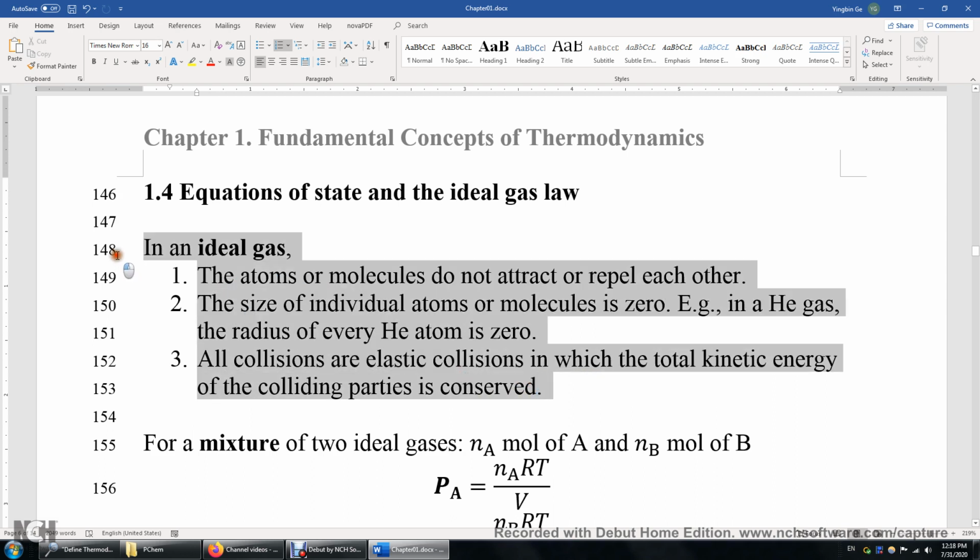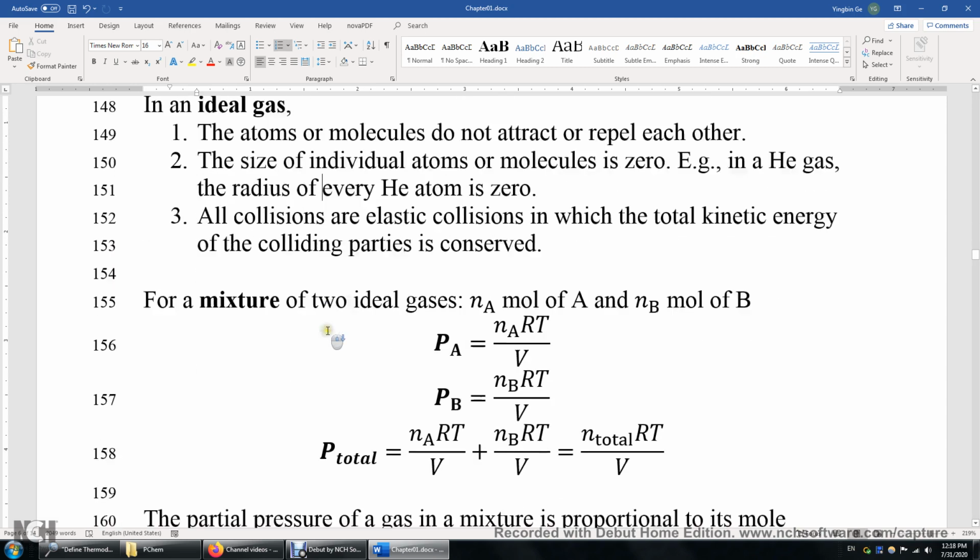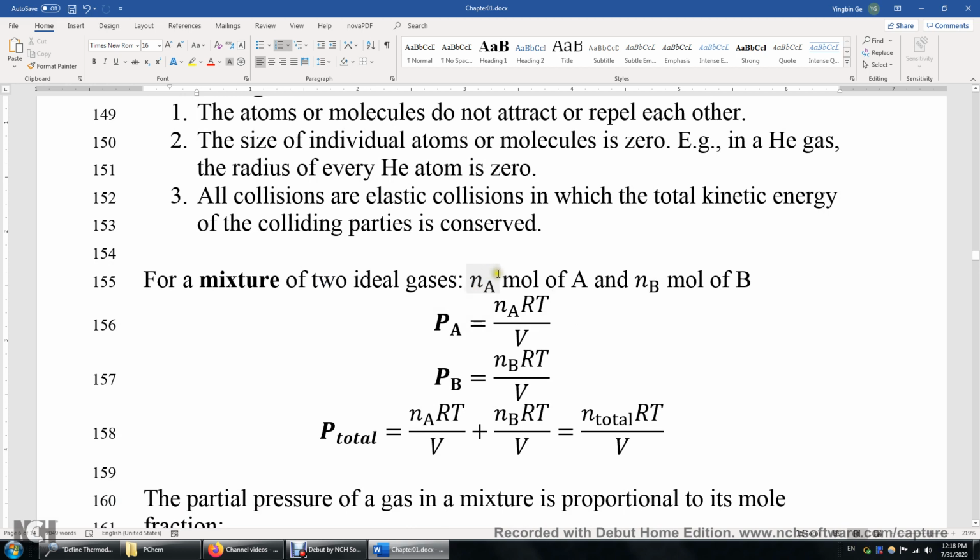For ideal gas, we can use the famous PV equals nRT to relate 3 very important thermodynamic properties: pressure, volume, and temperature. For a mixture of 2 ideal gases, if we know the number of moles of these 2 gases, we can compute the partial pressure of these 2 gases by using P sub A equals N sub A times RT over V. T is the temperature of the gas mixture, V is the volume of the container.